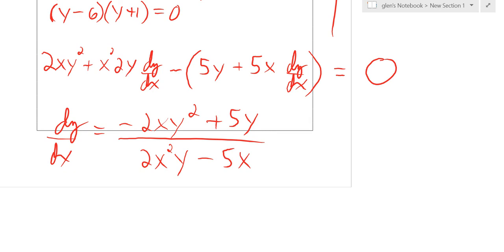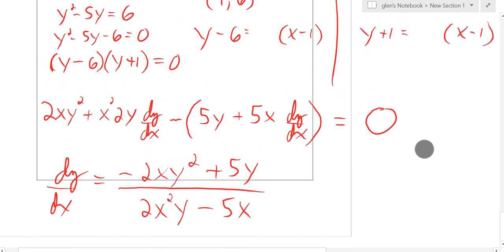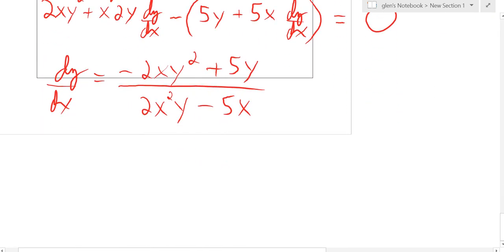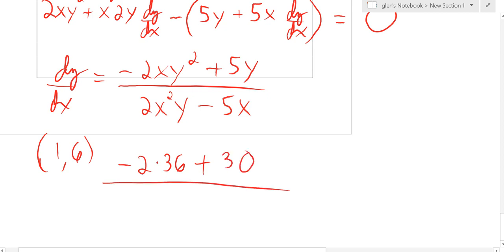So all we have to do now to find the slope is plug in our points. One point was 1, 6. For 1, 6, the slope is going to be negative 2 times 1, that's just 1, times 6 squared, it's 36, plus 5 times 6, that's 30, divided by 2 times 1, which is 2, times 6, minus 5 times 1, which is 5.